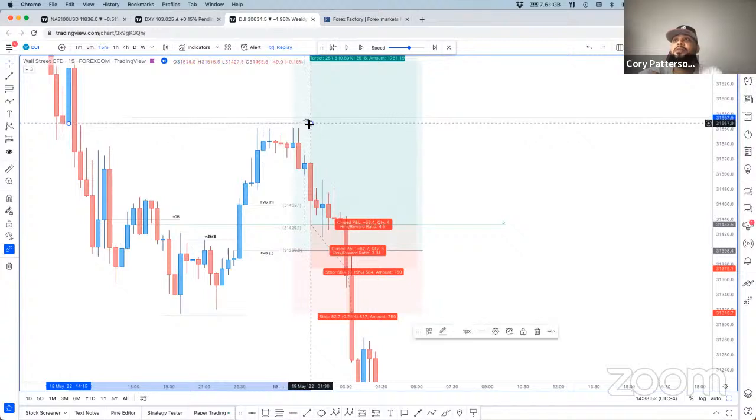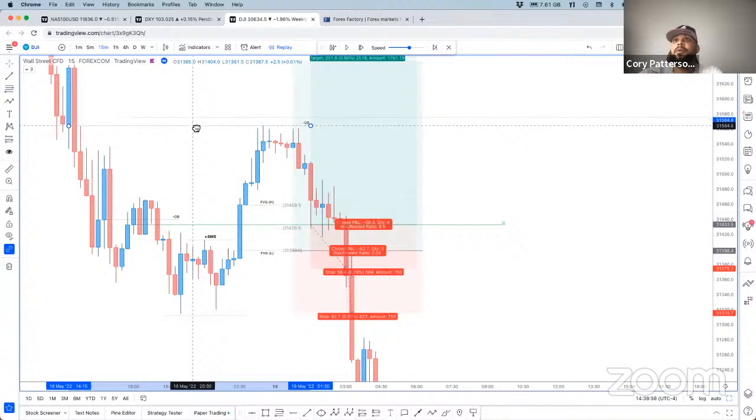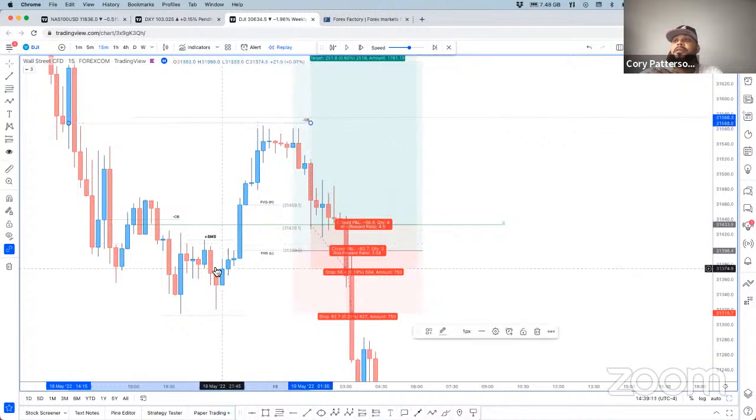But remember, I told you, we go from one point of interest that's bearish or bullish to the opposite. And in this case, we would have come from these lows that we just made right here, which are now bullish points of interest, to this bearish point of interest, and we sell off from there, right?